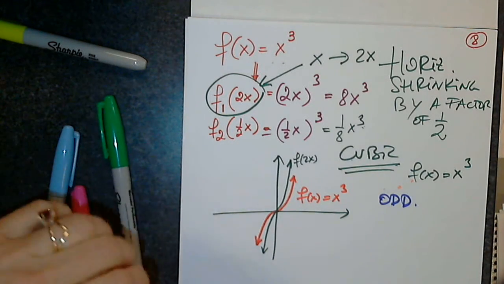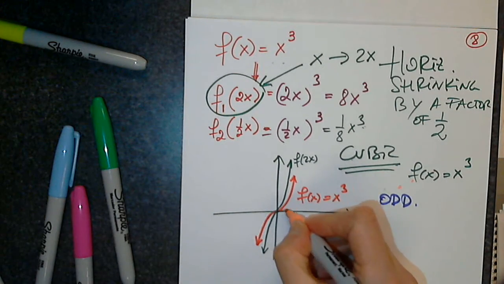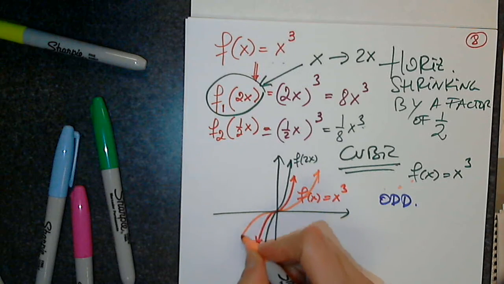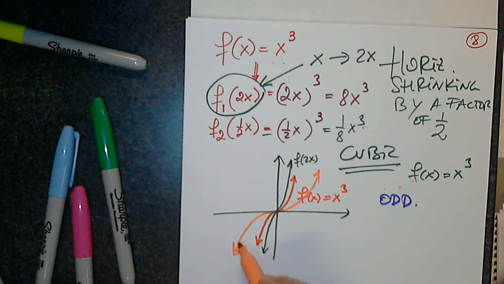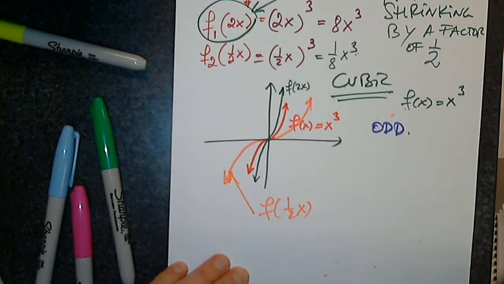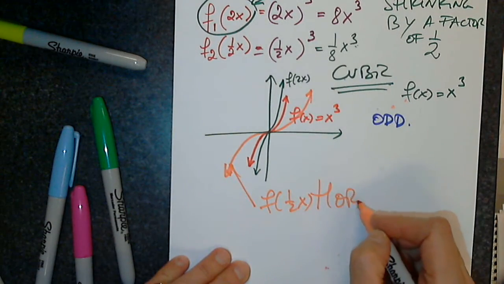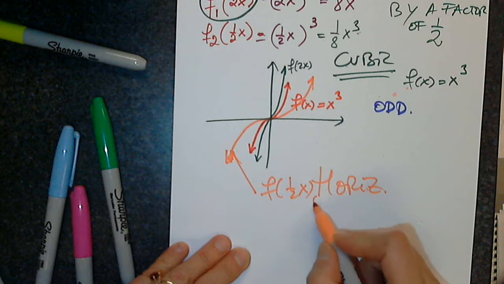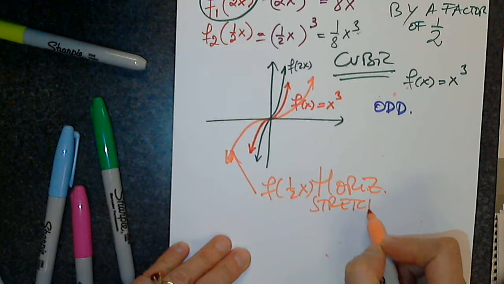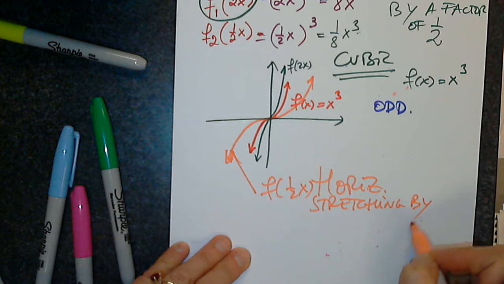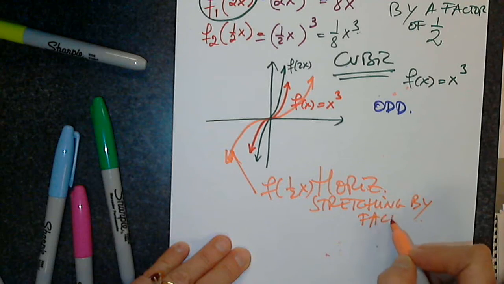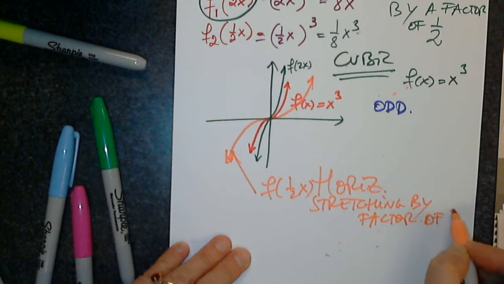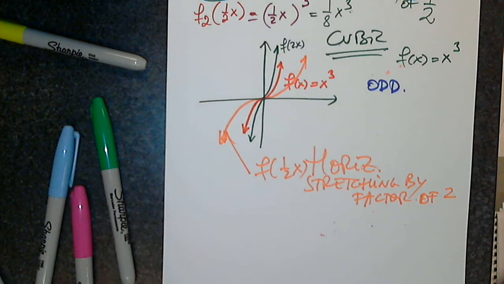So the new graph will be this. And this will be f of 1/2 x, which is a horizontal stretching by a factor of 2. This is the end, so then we can play with it.